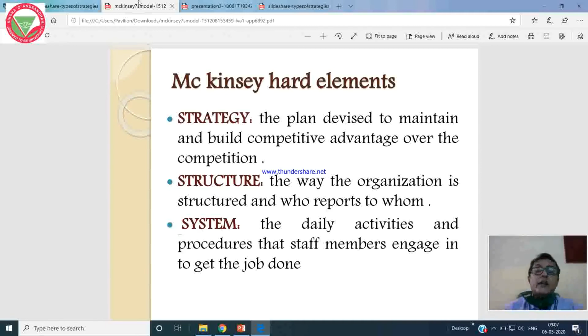Contrary to this, if you go to a private organization, you can feel the difference: there is free flow of information, there is a good relationship between people from different departments. This cabin system is mostly not applicable in private organizations.